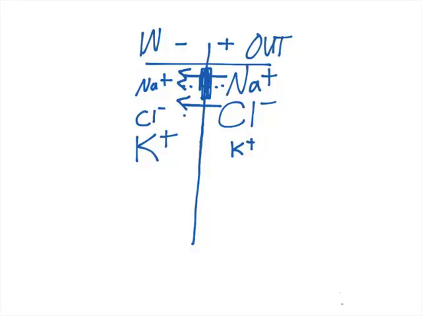So you need to have a mechanism that's going to help replenish potassium back into the cell and remove sodium out of the cell. And this is the mechanism known as the sodium-potassium pump.